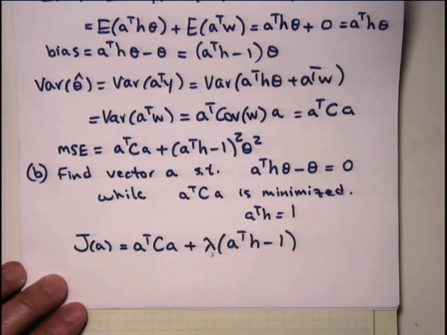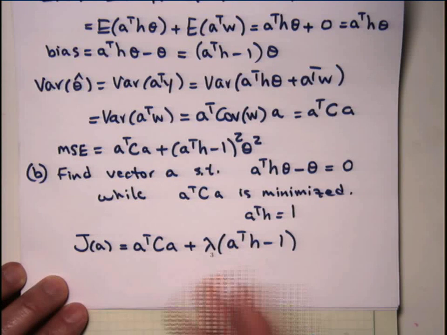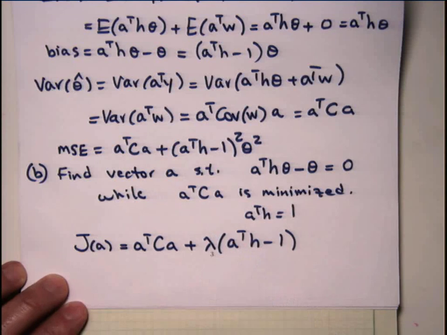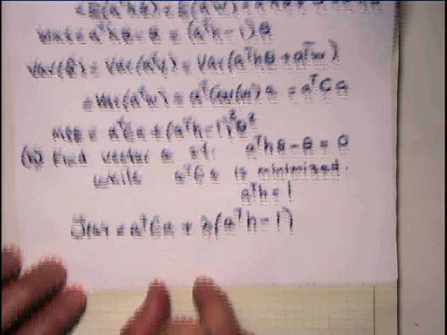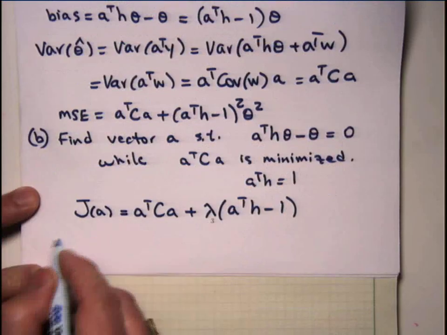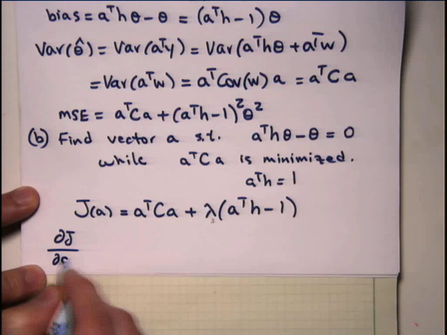Okay? Now in order to do this, we have to take derivatives. Again, a reminder, how do you minimize something like this where you have a couple of unknowns? You have lambda and A. A is the thing you really want, and lambda is just a Lagrange multiplier you have to solve for. So there's a couple of steps involved in this. The first is you differentiate with respect to A, dJ dA.